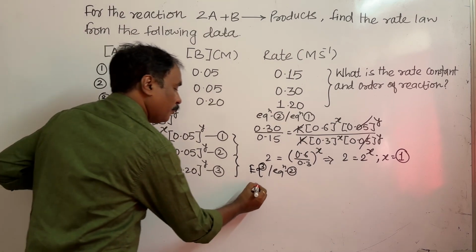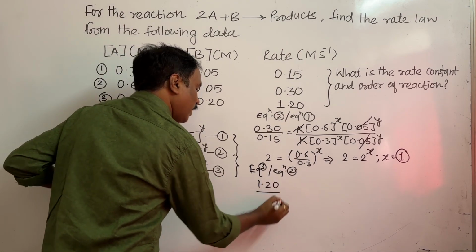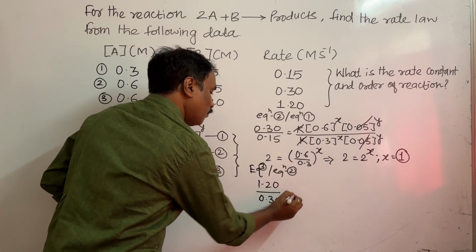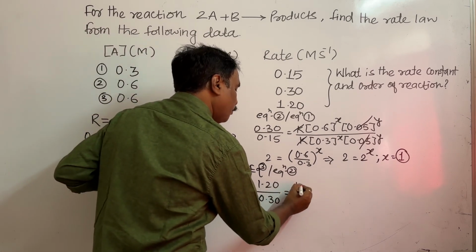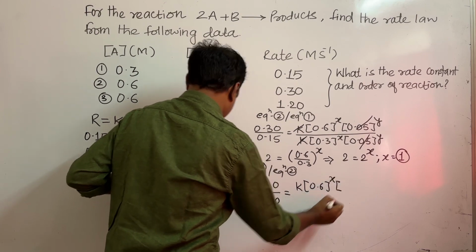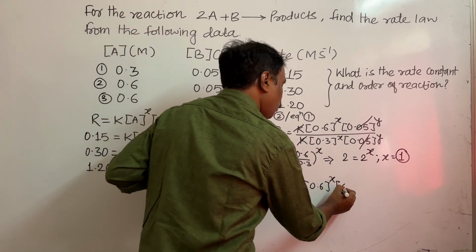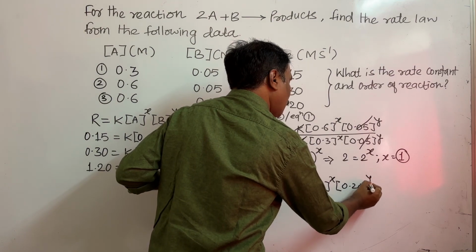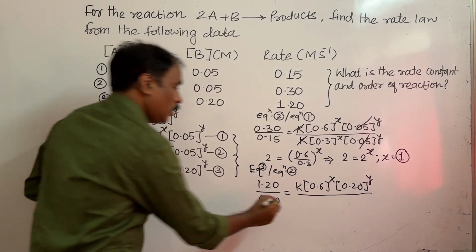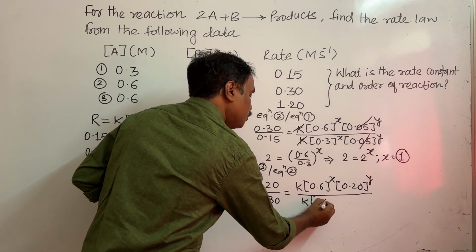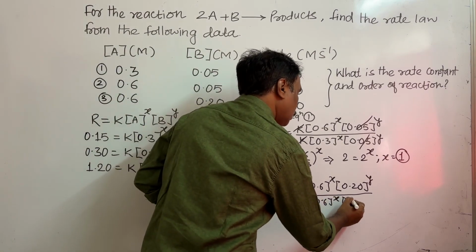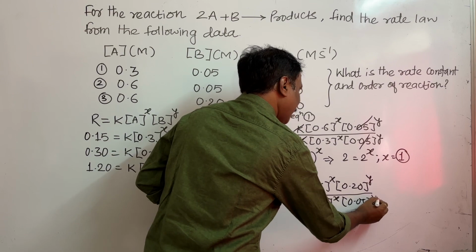It is 1.20. 1.20 divided by, in case of 2, 0.30 is equal to, now k into concentration of A 0.6 to the power x, concentration of B is 0.20 to the power y, upon k, concentration of A 0.6 to the power x and B 0.05 to the power y.